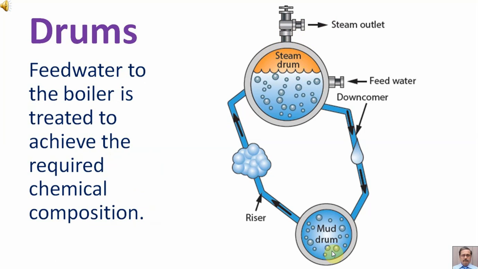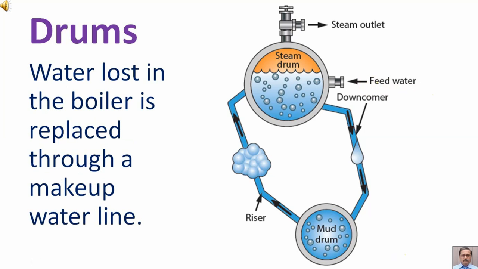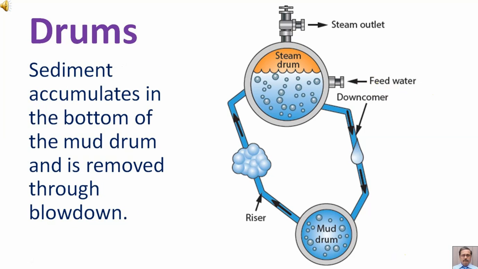Feed water to the boiler is treated to achieve the required chemical composition. Water lost in the boiler is replaced through a makeup water line. Sediment accumulates in the bottom of the mud drum and is removed through blowdown.